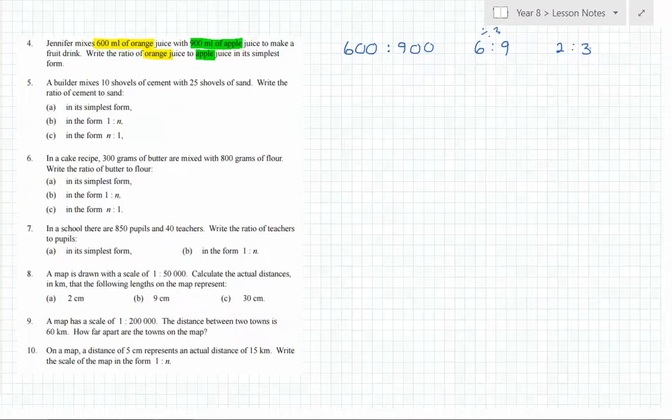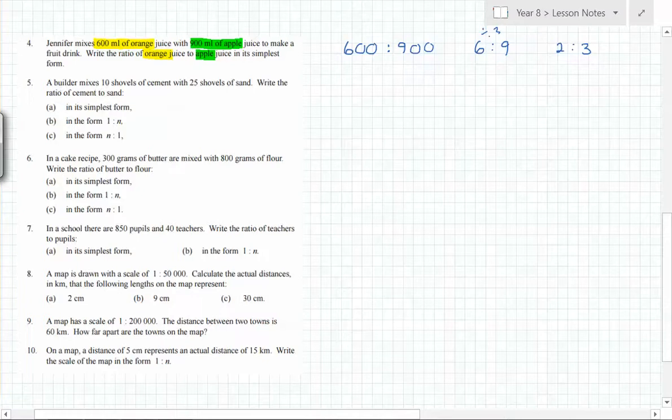So that would tell me then how much I would need of apple. So I need 3 parts, which would be 750. So that's where we're heading to with our ratio. So that we go back to simplest form, so then I can work out any combination that I need to. Make sense? Yeah. So that's the reason why we're doing it.